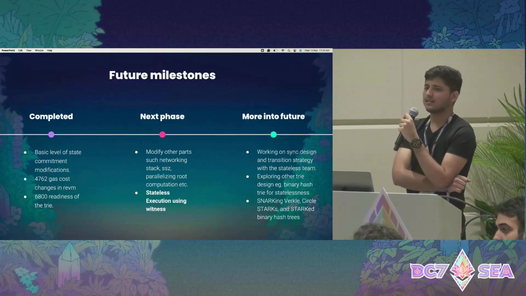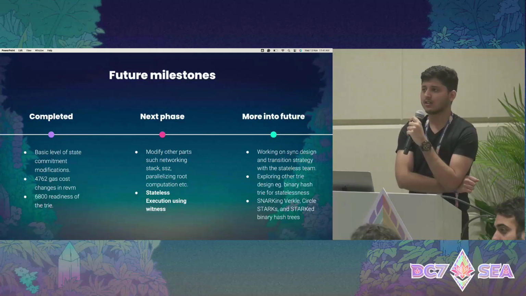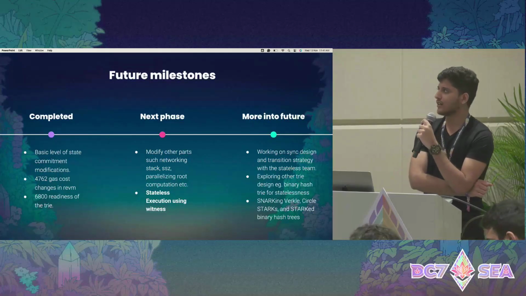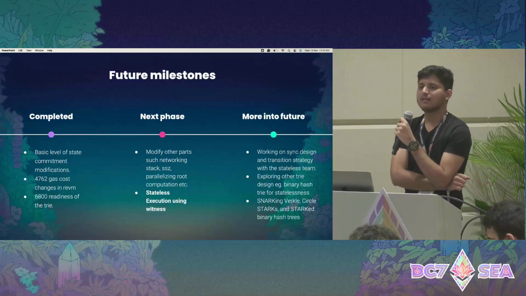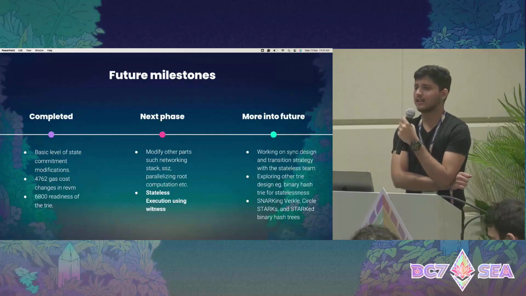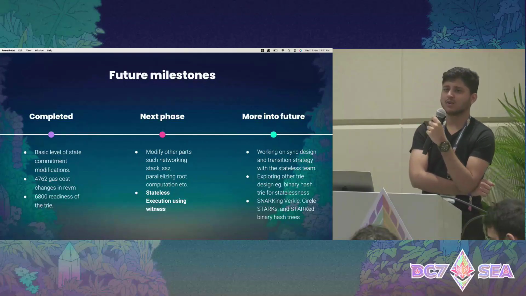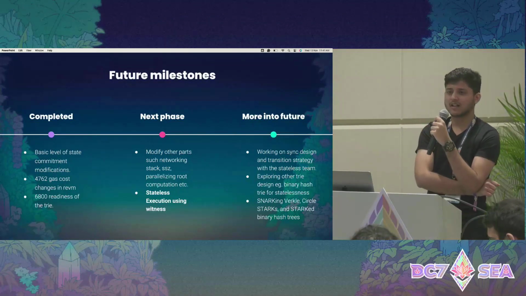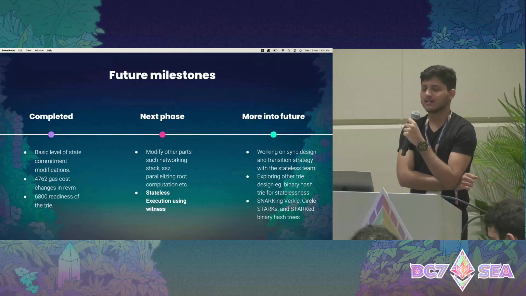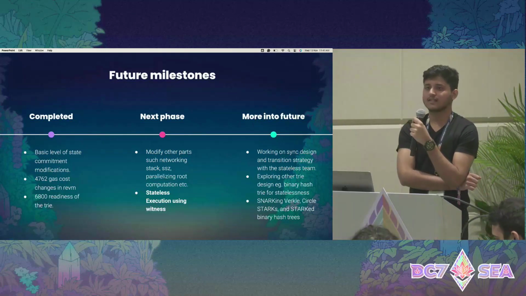Apart from that, ZK technology has evolved a lot, and there are some improvements in proving technology. Even though there are many advantages of Verkle, for example, the witness is updatable, the proof sizes are very small, and the Verkle code is almost ready for production, so we could shift to statelessness directly.